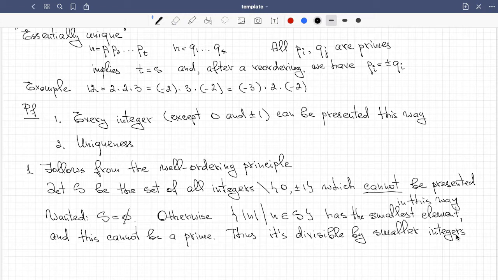If they can be presented in this way, then we multiply them and get a presentation for this element. So these cannot be elements of S. They are smaller than the smallest.